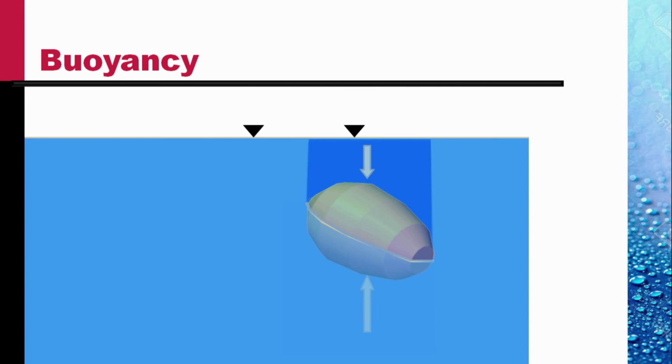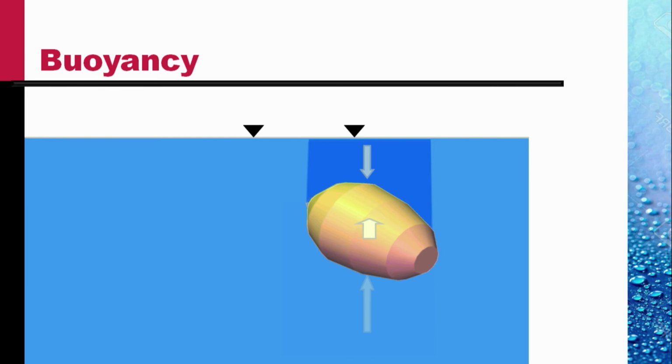The difference of the two obviously is the weight of this volume of water, and this would be upwards. So the buoyancy force is equal to the weight of water equal to the volume of the body, or weight of the water displaced by the body.